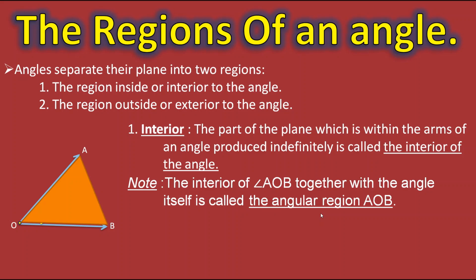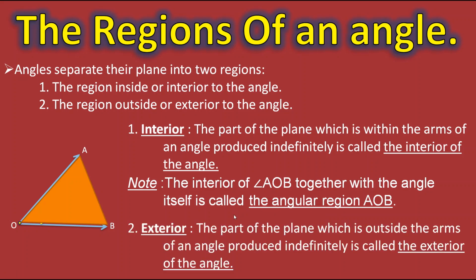Okay. Next is exterior, the part of the plane which is outside the arms of an angle produced indefinitely is called the exterior of the angle. So this part is the exterior of the angle and this part is the interior of the angle. So I think you all understood about regions of an angle, right?